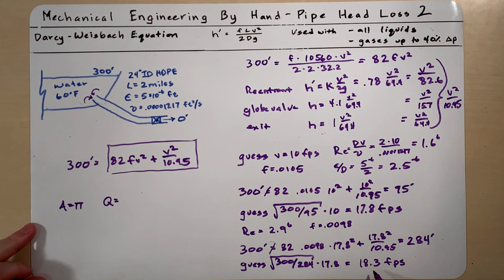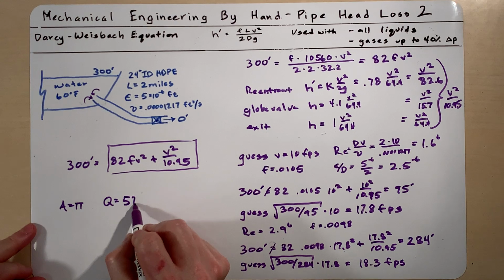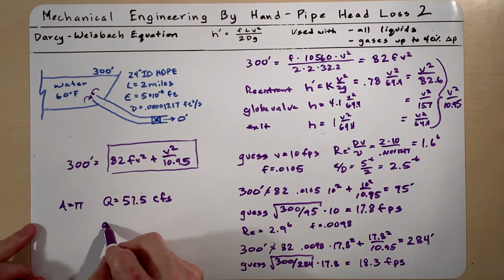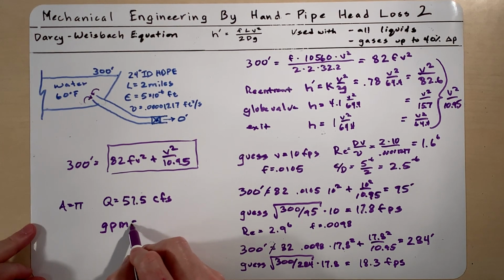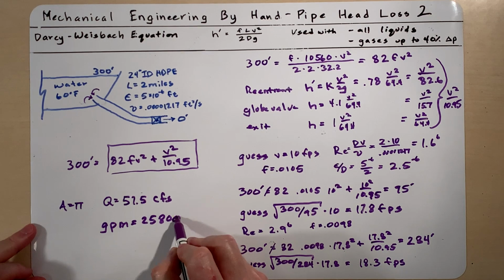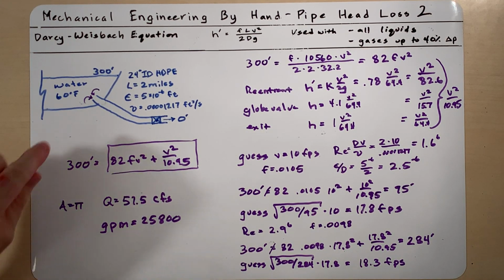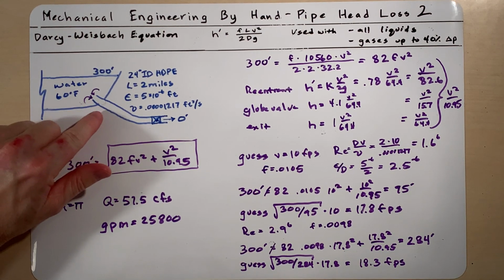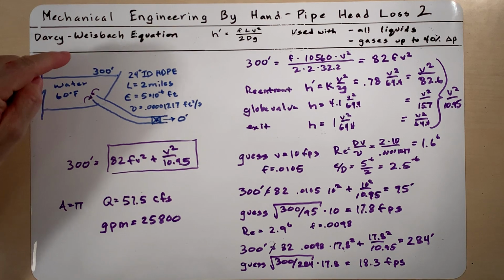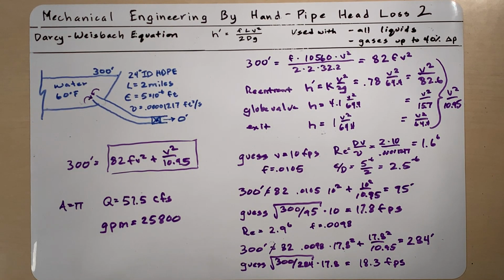So pi times 18.3 is 57.5 cubic feet per second, and then converting that to GPM is 25,800. So that would be our flow rate through this 2-foot diameter HDPE pipe with a globe valve on the end that's 100% open, and we have 300 feet of pressure pushing on it.